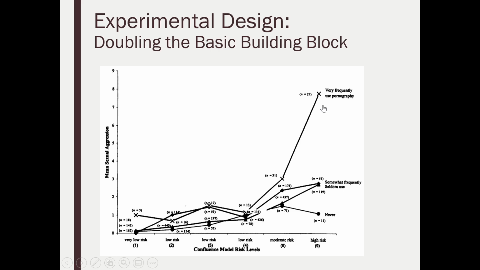There's a slight increase across the model risk levels, and maybe slightly higher rates among people who are somewhat frequent users of pornography, and maybe even along the lower levels of the Confluence risk model. The very frequently group shows a slight increase across the model.